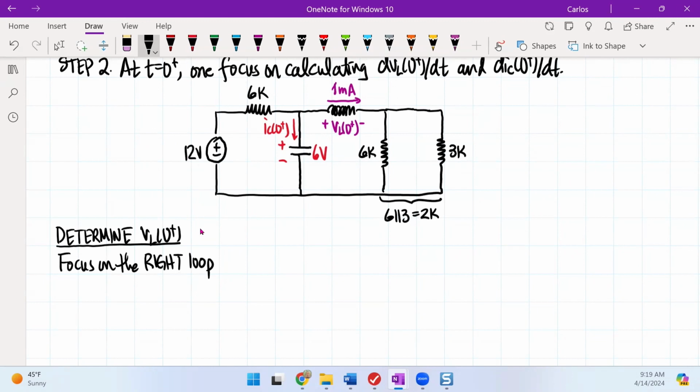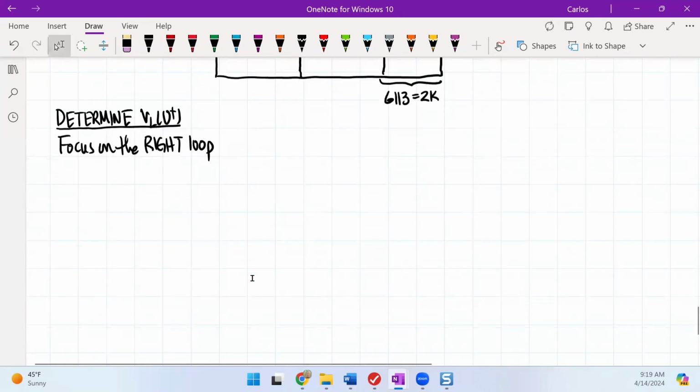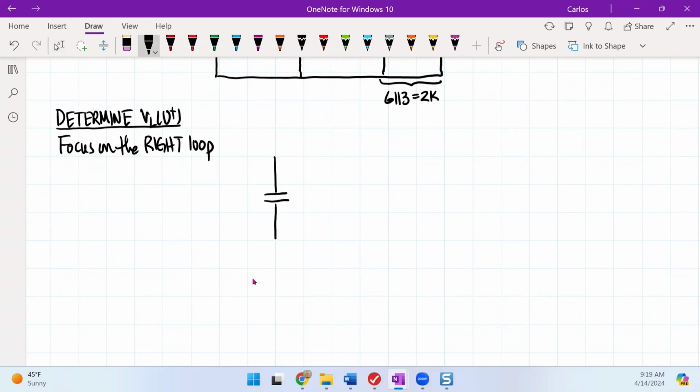Now remember, the right loop contains the capacitor, the inductor, and the 2K resistor. So if I draw this out, I have my capacitor, my inductor, and then my 2K resistor. What do I know? I know that the capacitor voltage must be 6 volts.